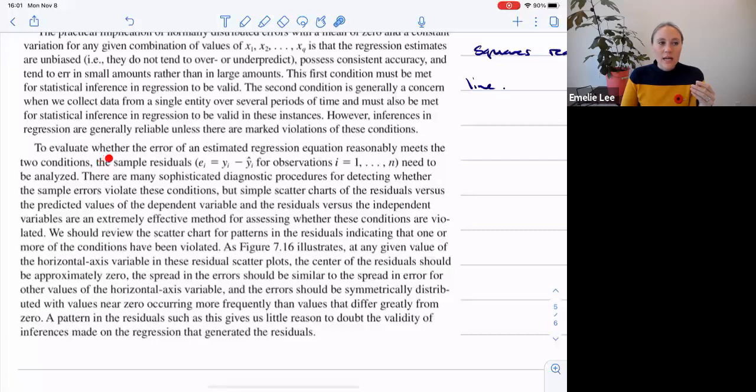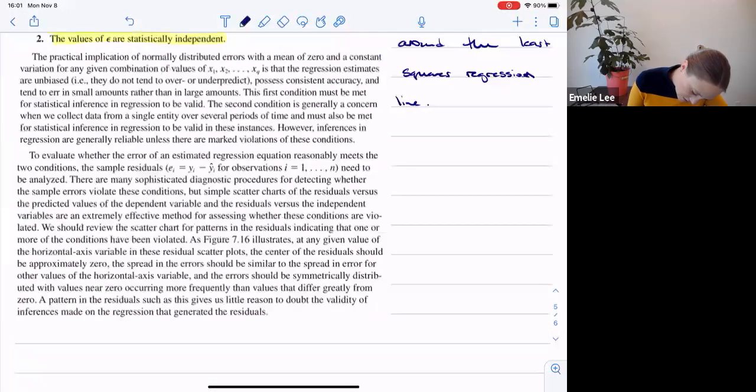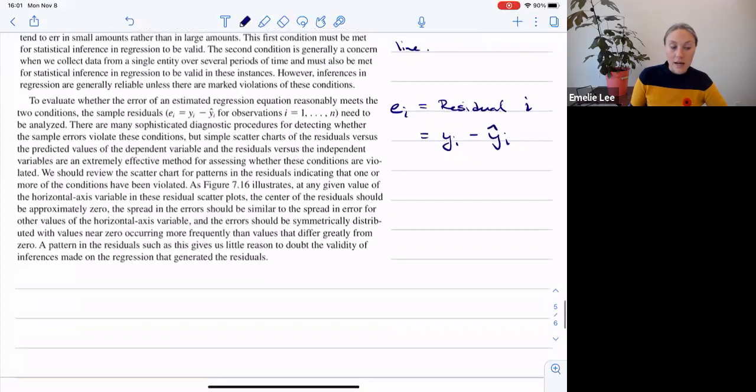What we're going to do is evaluate whether the error of an estimated regression equation reasonably meets the two conditions. The sample residuals we find by the observed value minus the predicted value. Remember, the residual e sub i is the observed value at i minus the predicted value at i.